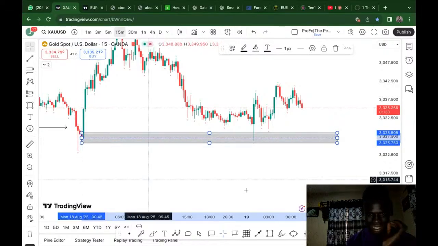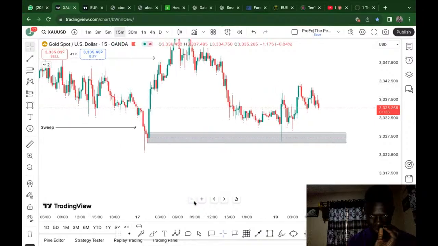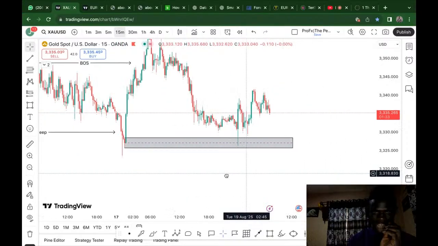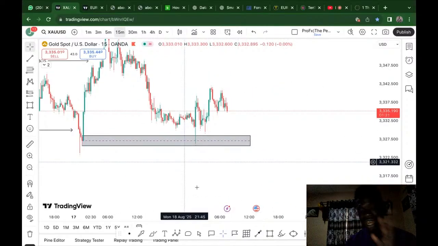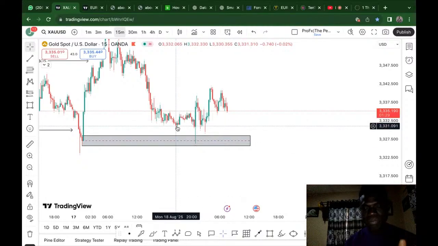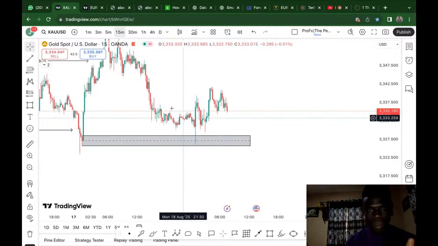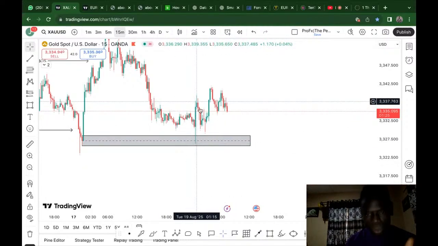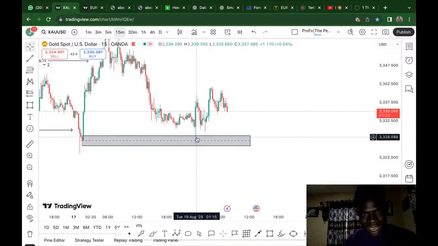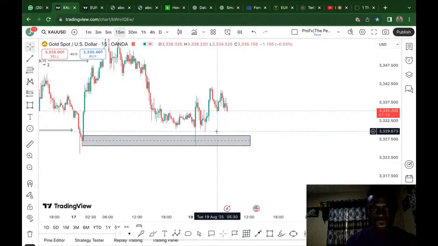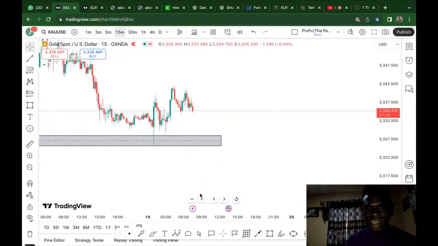Everything is intentional. Now, I just mentioned a pattern that we saw on higher time frame. The same pattern is playing out: sweep, break of structure, pull back to another week. And this week on 15 minutes is a 5 minutes order block. So the market is fractal.